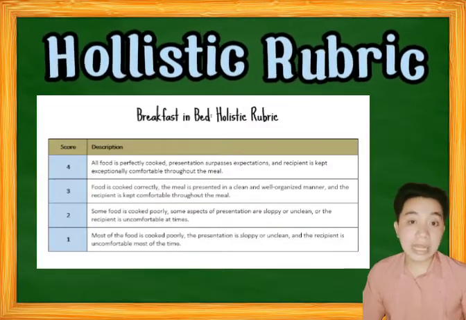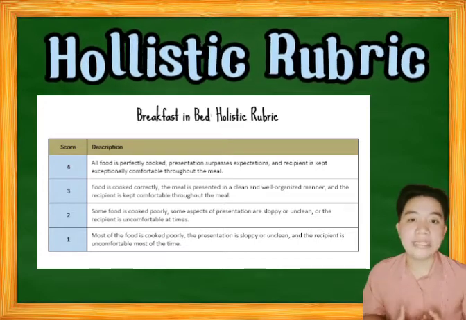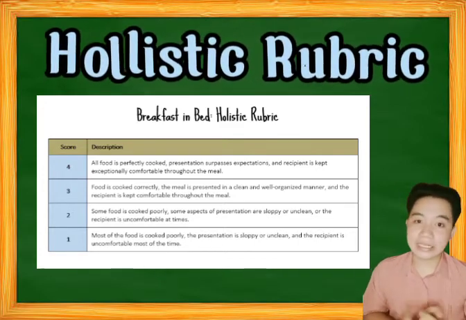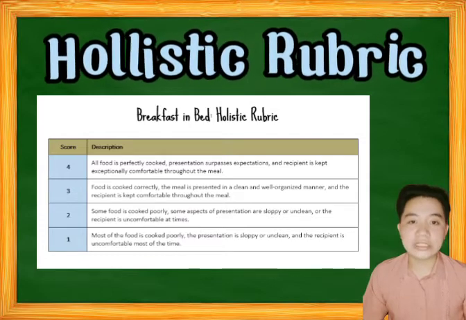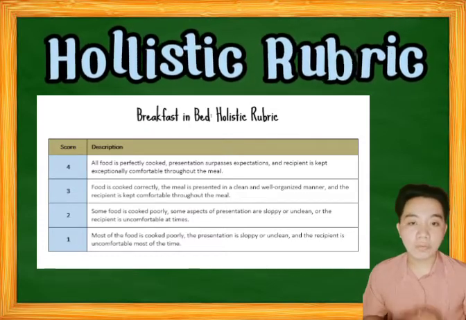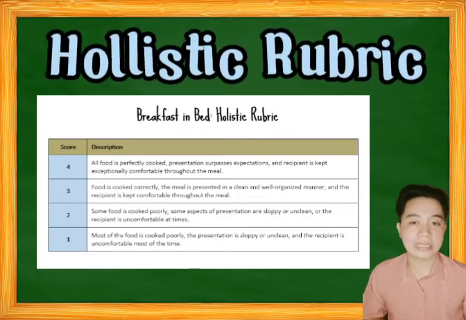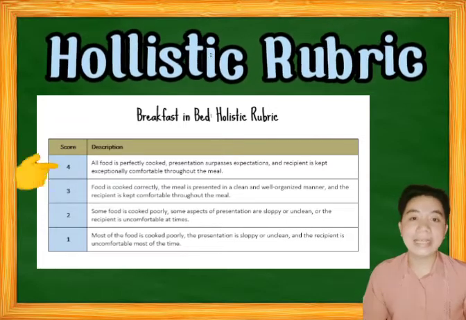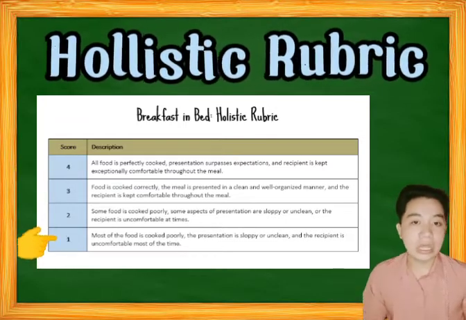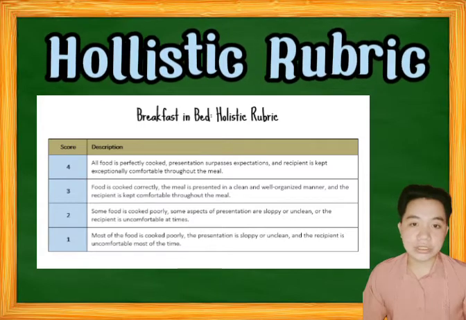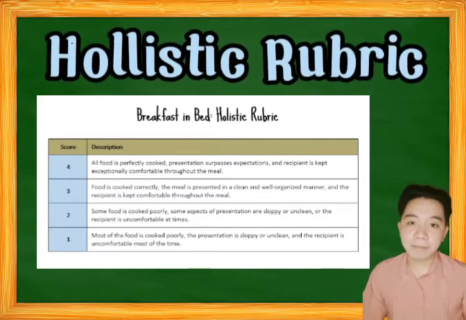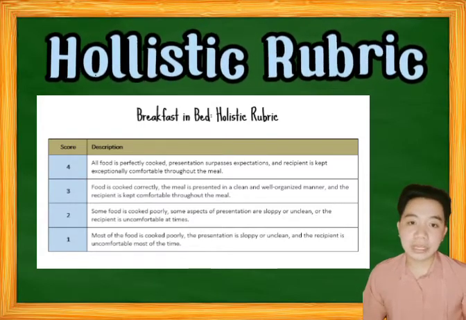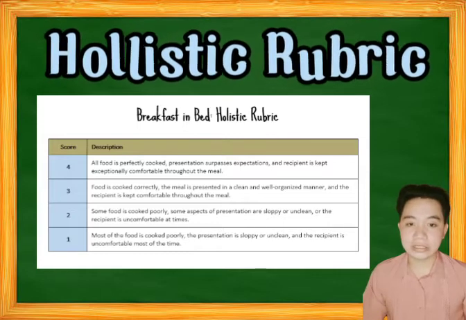Holistic rubrics assess student work as a whole. As you can see in this example of a holistic rubric, which provides a single score for all of the students' performance tasks, 4 is the highest and 1 is the lowest, with a description for each score. If the student meets those levels, you can get the score easily.